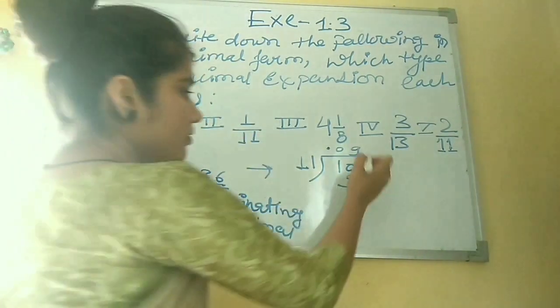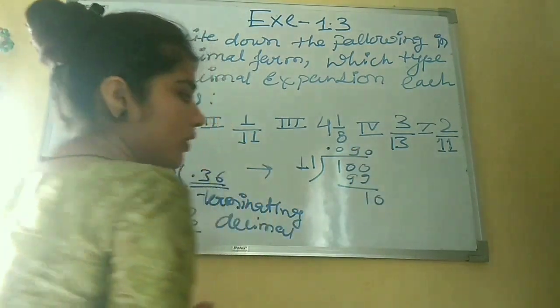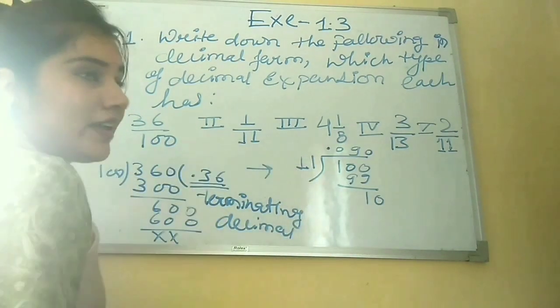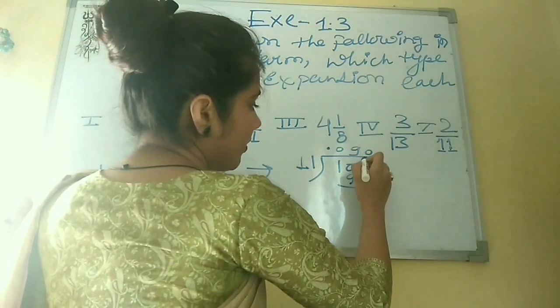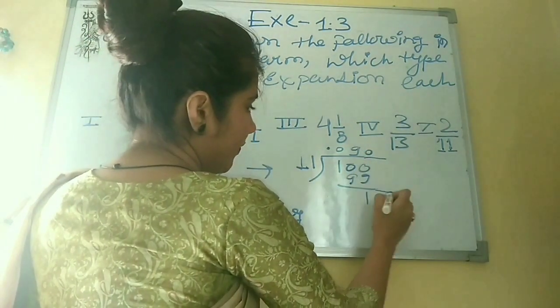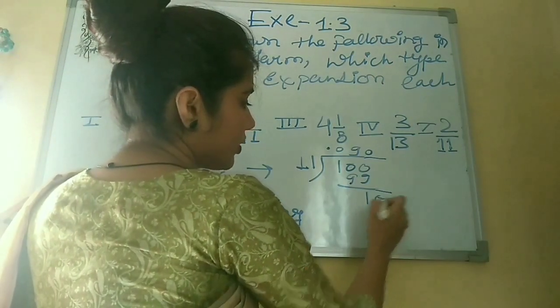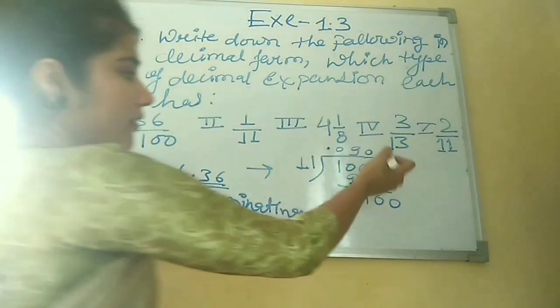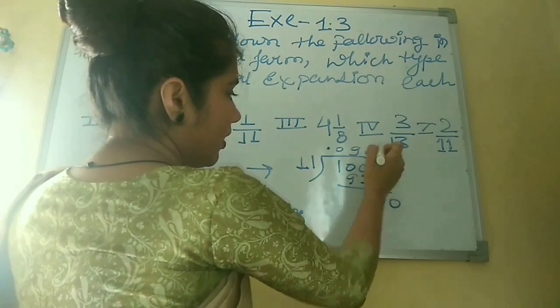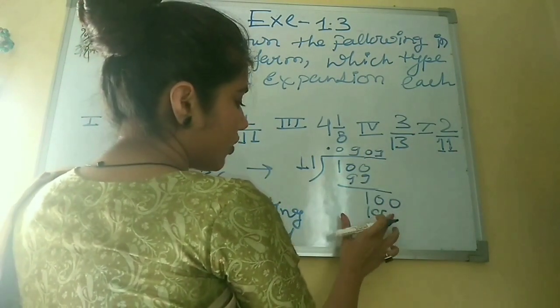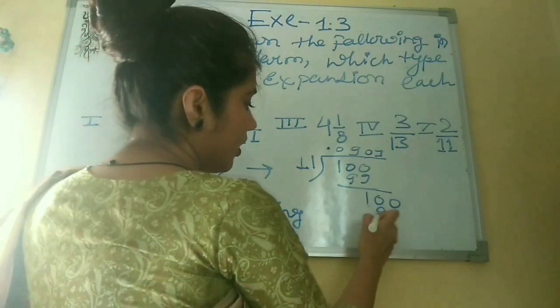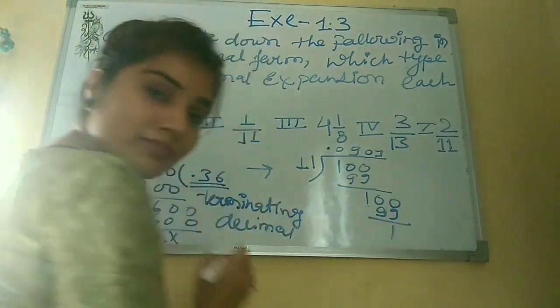Again the same process, we will put 0 here and add a 0. Again it is less than 11, so we will put one more 0 and add 0. So 11 nines are again 99, and we will get 1.